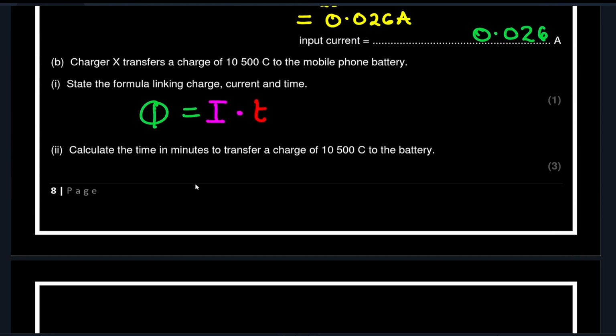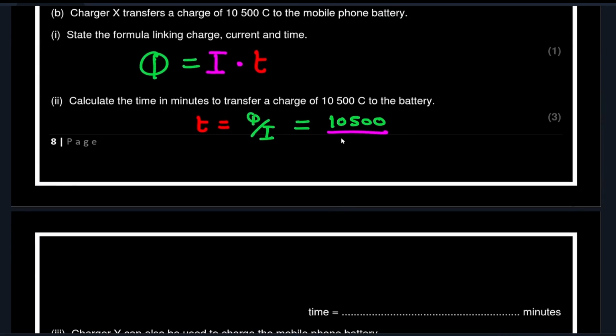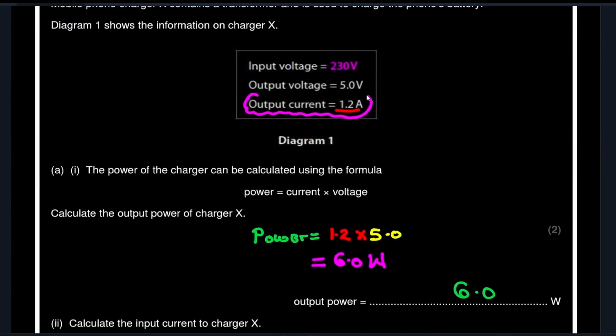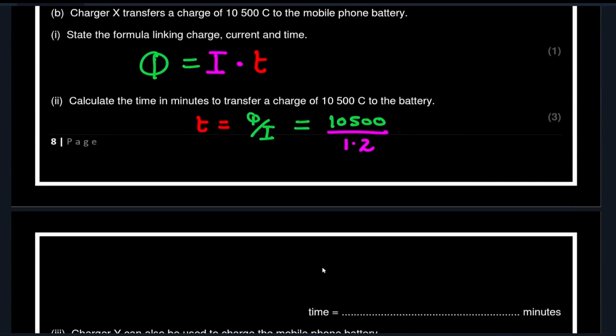Charge is given by the formula current times time. In order to find time, it is charge over current, so we can substitute 10,500 divided by 1.2, and this is going to give us 8750 seconds.